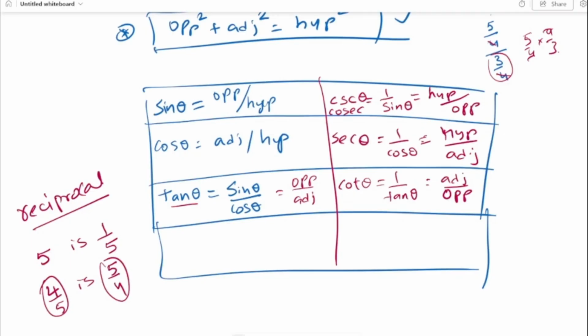There is a fancy mnemonic called SOHCAHTOA. Sine is opposite over hypotenuse, cos is adjacent over hypotenuse, tan is opposite over adjacent.